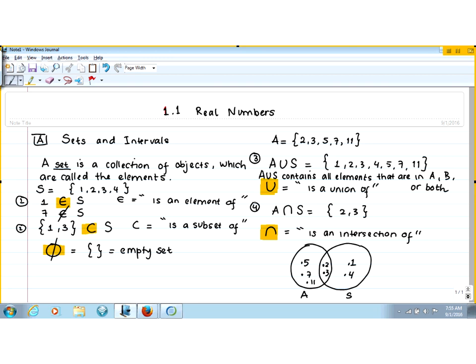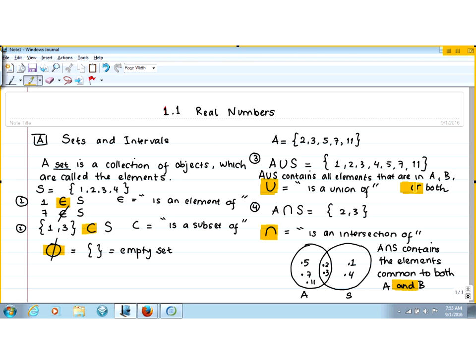What does A intersection B contain? Oh, I don't have space to write down. So, A intersection B contains the elements common to both A and B. So the keyword for intersection is and.